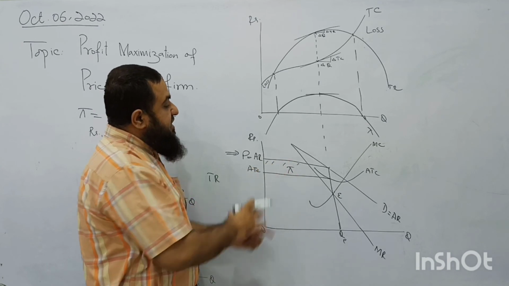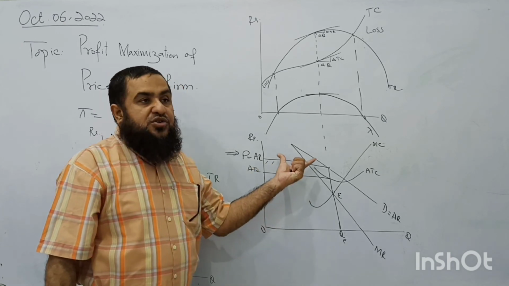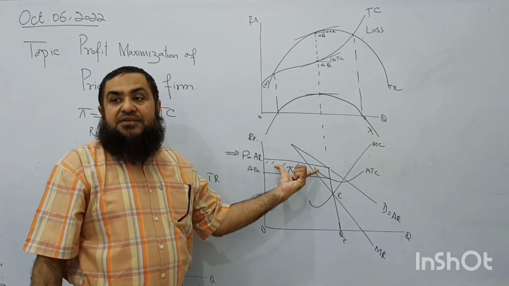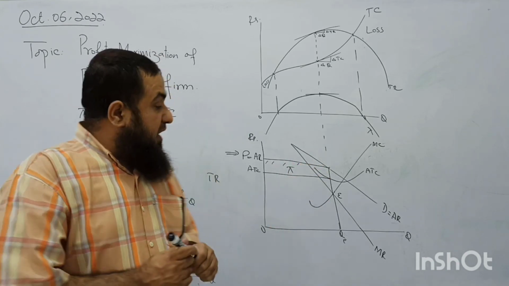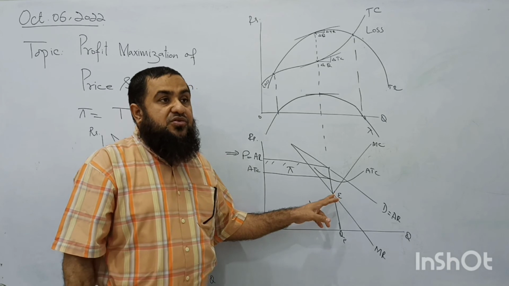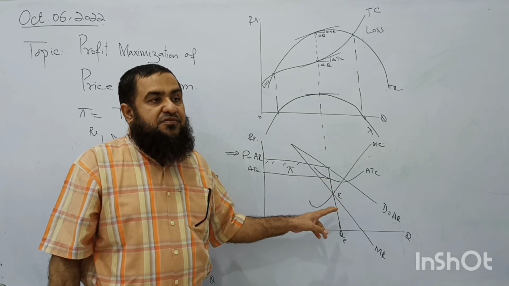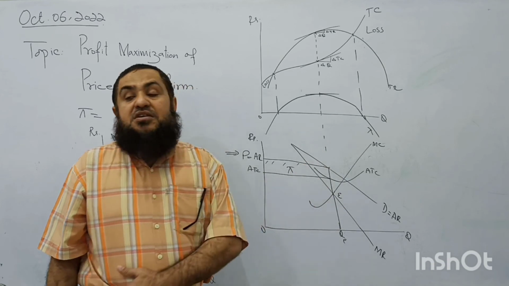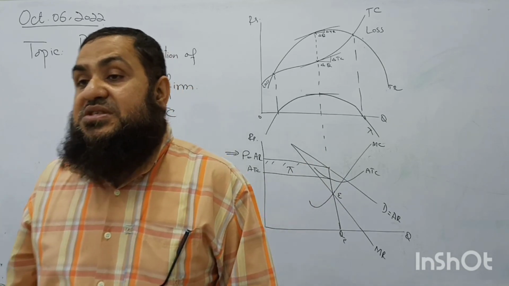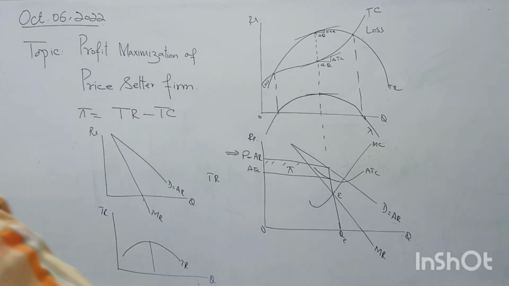So by subtracting the total cost from the total revenue, this rectangle is left over, which is the profit of the firm. So at this point, where marginal revenue is equal to marginal cost of the firm, we find the profit is maximized when a firm is a price setter or price maker.